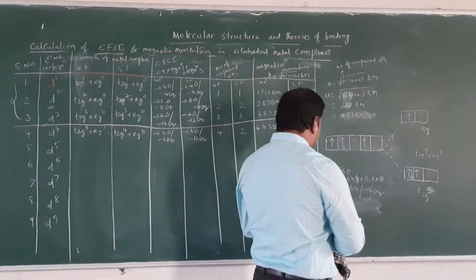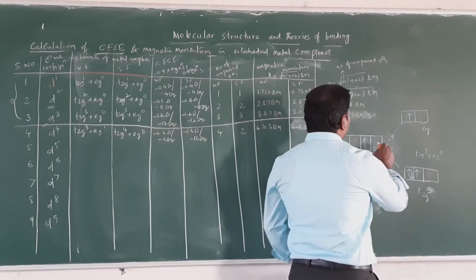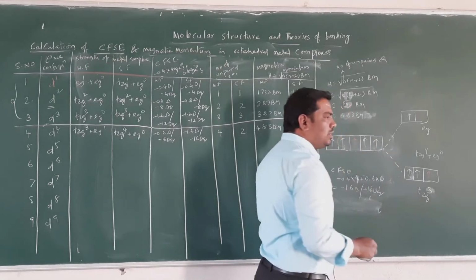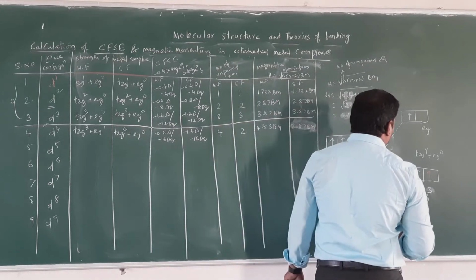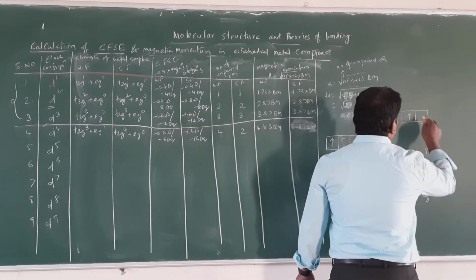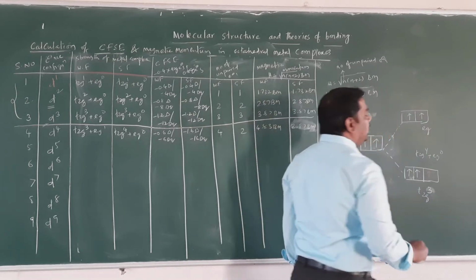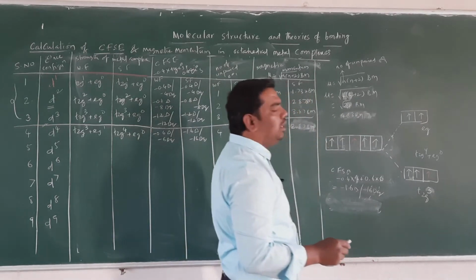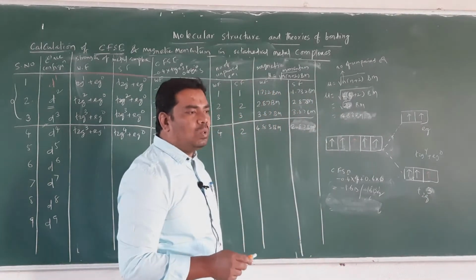Then we will move to the d5 configuration. d5 configuration means the fifth electron is placed into this configuration. So for weak field complex, here you can see the fifth electron is placed into the Eg level only, because a weak field complex follows Hund's rule.